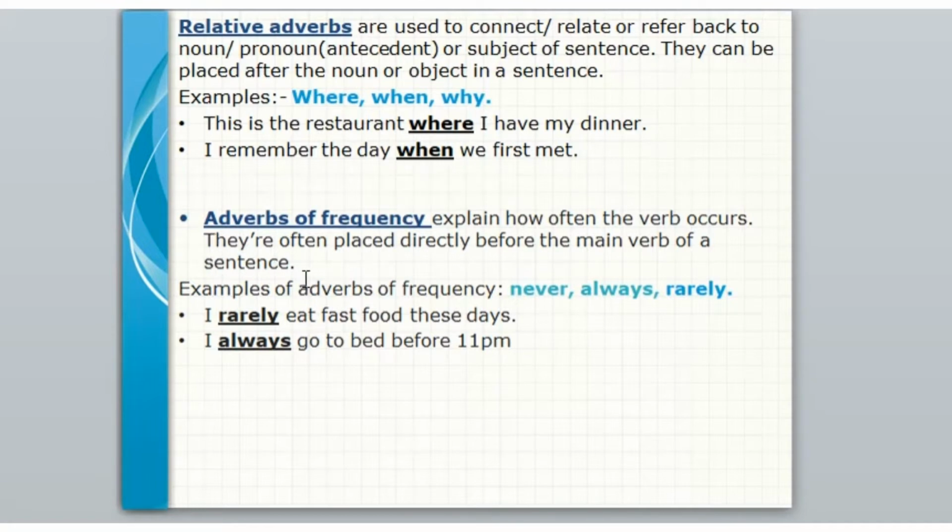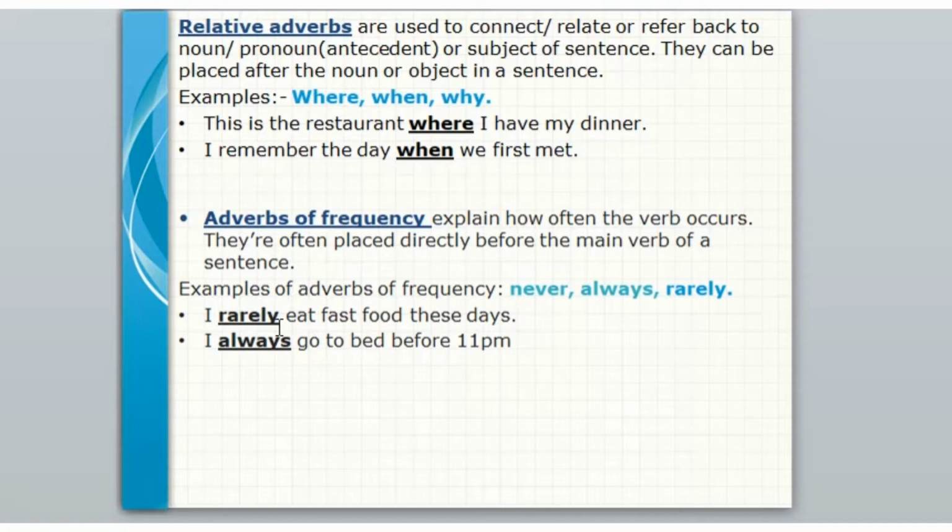The next kind we have is adverbs of frequency. Adverbs of frequency explain how often the verb occurs. They are often placed directly before the main verb of a sentence. Examples of adverbs of frequency are never, always, rarely. I rarely eat fast food these days.